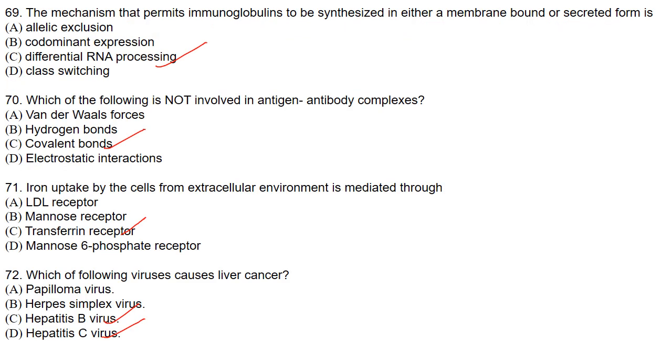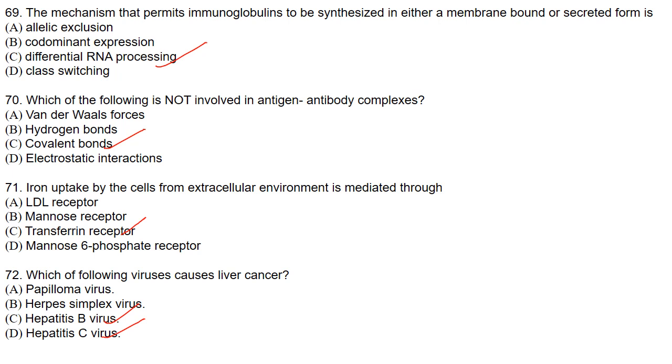Then the mechanism that permits immunoglobulins to be synthesized in either a membrane bound or secreted form is. So alternative differential RNA processing has been found to control the alternative forms of expression of genes. Alternative RNA processing of the heavy chain immunoglobulin, that is the mu gene, is an example.